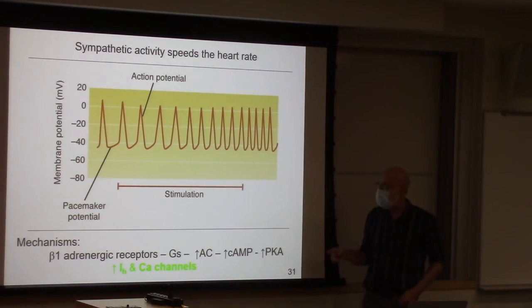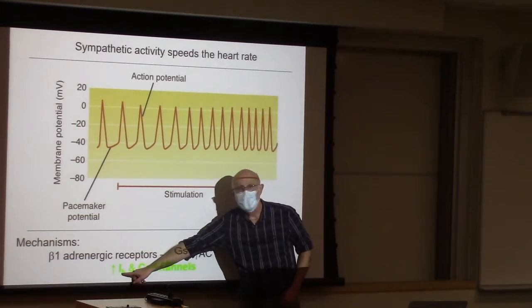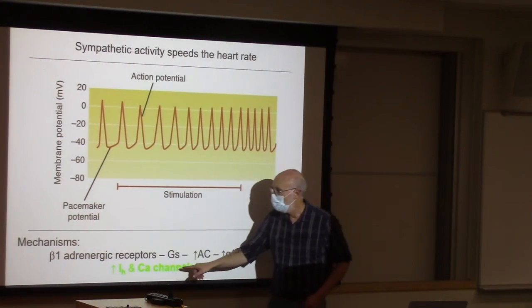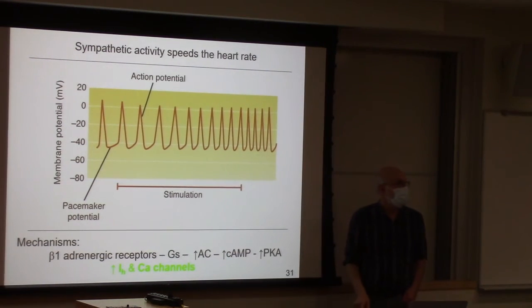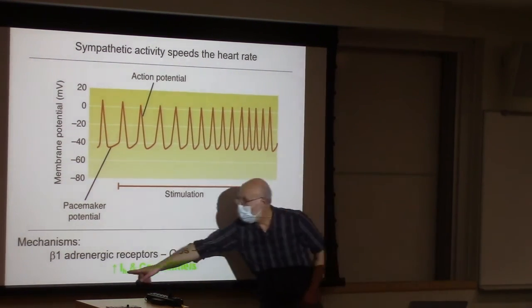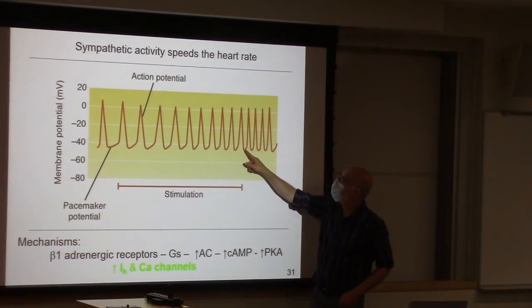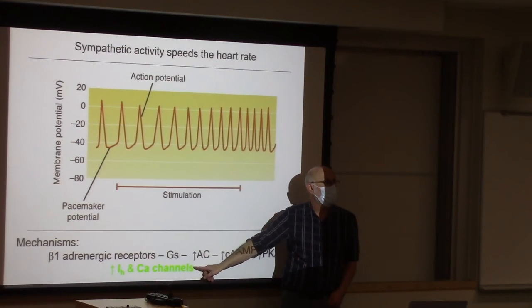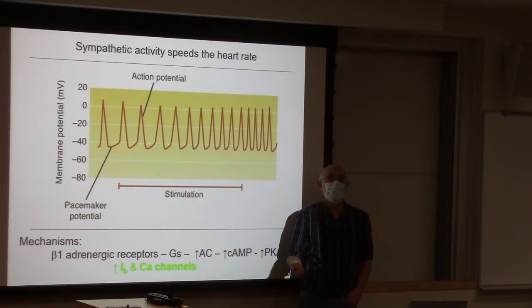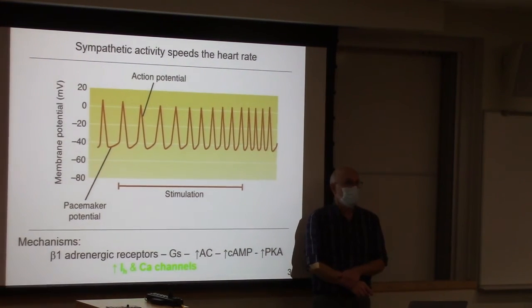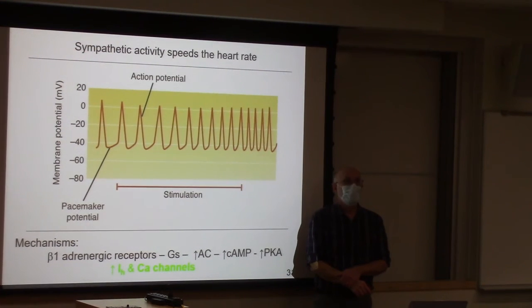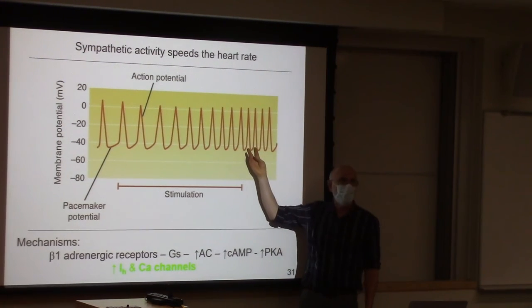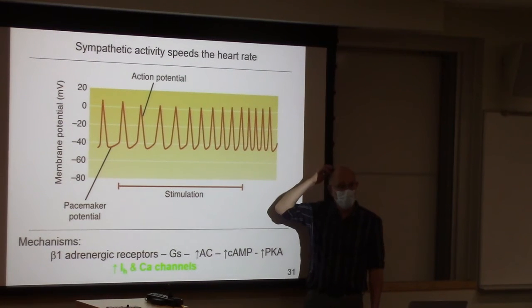In this setting, PKA activates IH and calcium channels. So activating IH increases the pacemaker depolarization. Activating calcium channels lowers threshold and increases the pacemaker depolarization. Both of those are mechanisms for accelerating the heart rate.